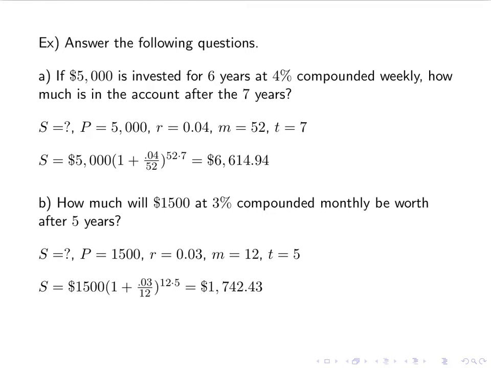So now that we've done 2 of them, what you should notice is that whatever it is you're investing, that's going to be less than what you get out at the end, right? You're making interest, so your S should always be more than your P. Another thing to notice is that the interest is just the difference between the two.